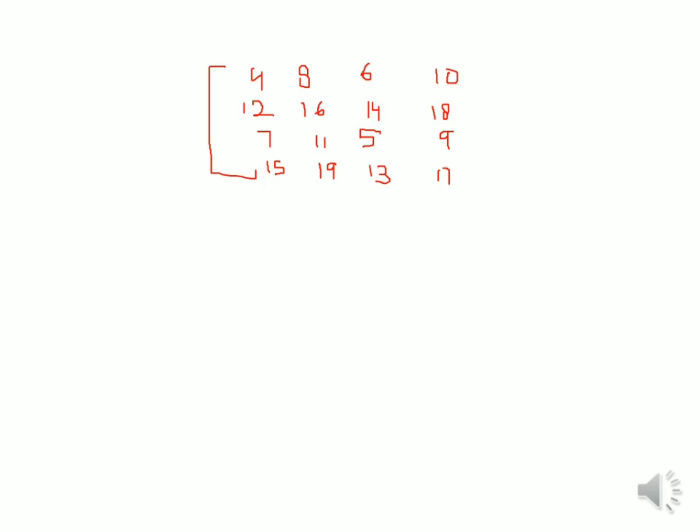These are the components of fourth row. So this is the matrix of the order 4 cross 4 which we have derived from the matrix of the order 2 cross 2.